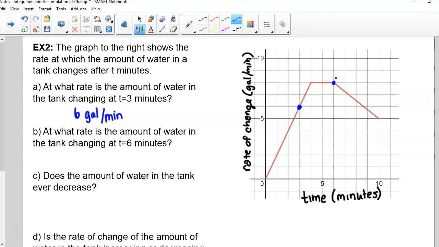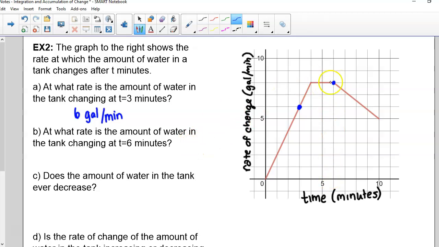Well, what did you get for part B? It's not 2 for that one. So we're right here, right? 6 minutes is right here. You're going to go over here. Are you looking at the difference between here and here, maybe? Okay, so you're not looking at the difference.